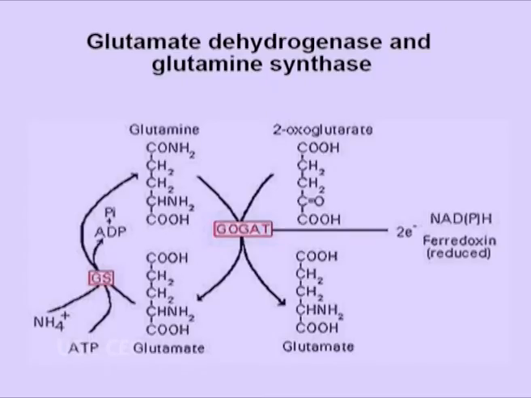Ammonium ions formed as a result of nitrate reduction or nitrogen fixation are first incorporated into amino acids via the glutamine synthetase reaction. The glutamate consumed by the GS reaction is replenished by an alternative mode of glutamate synthesis, that is GOGAT.